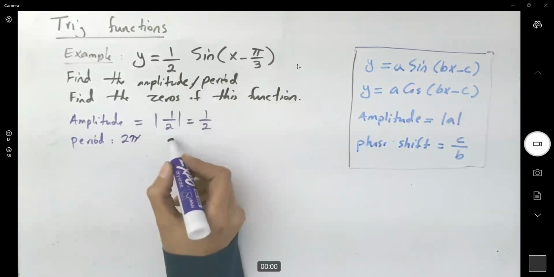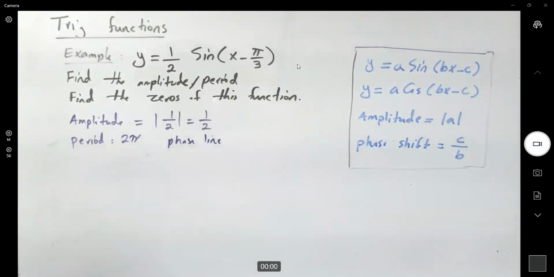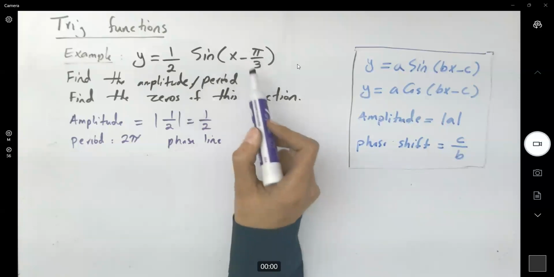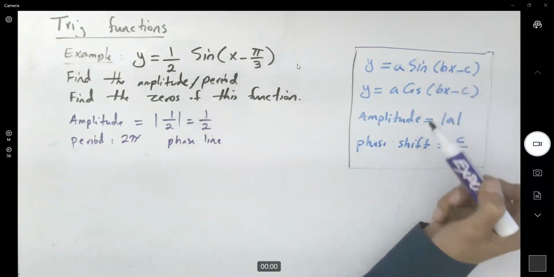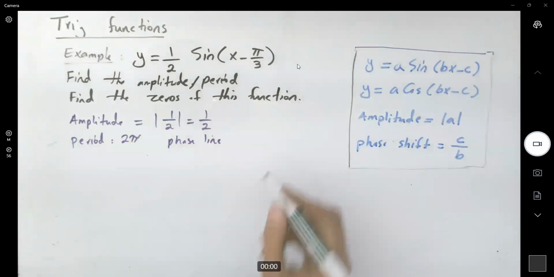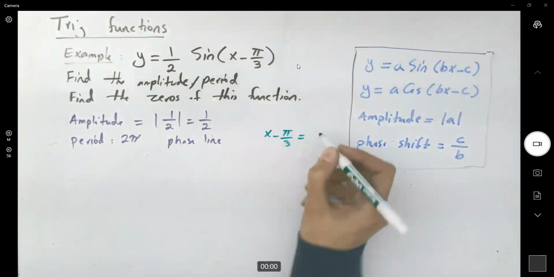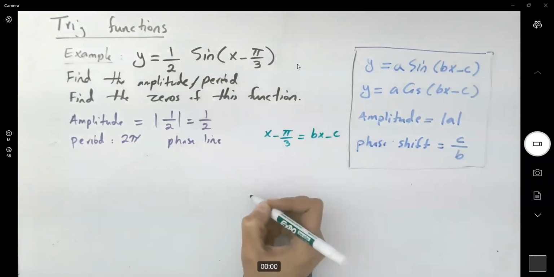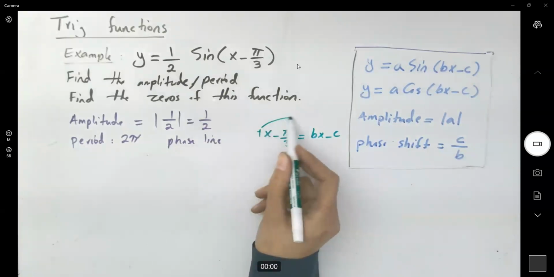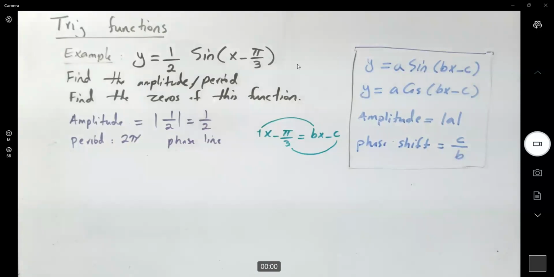What is your phase shift? So we need to compare the sine of x minus pi over 3 with bx minus c. Let's write this down here and go over it step by step. x minus pi over 3 is bx minus c. So the invisible number 1 is equal to your b, and c is equal to pi over 3.